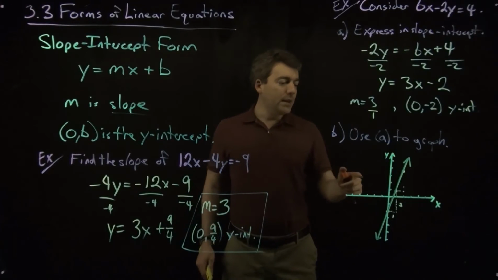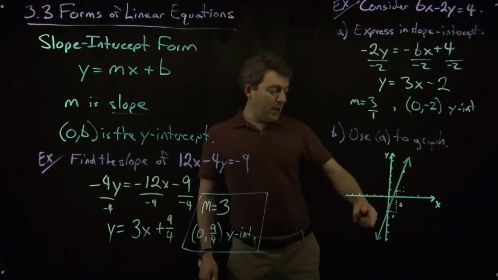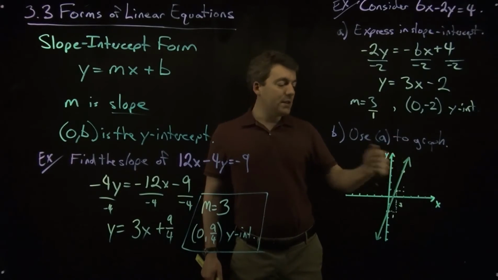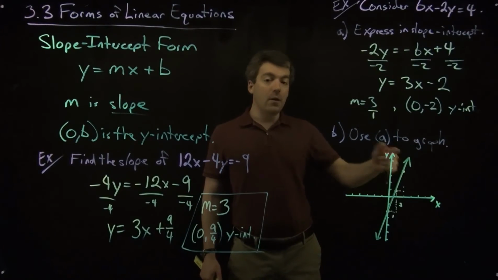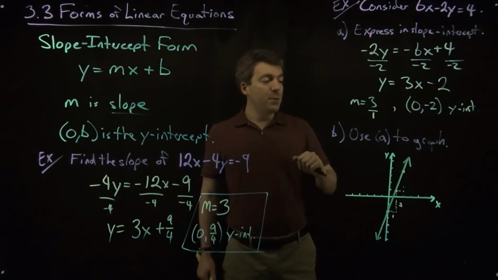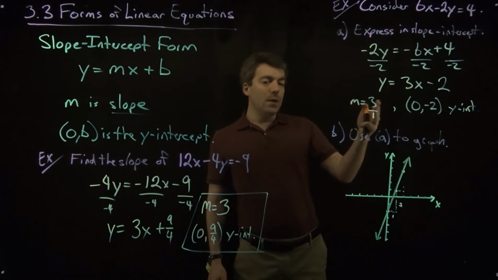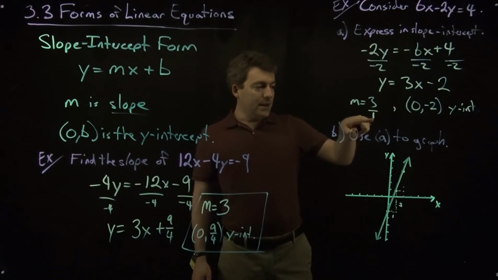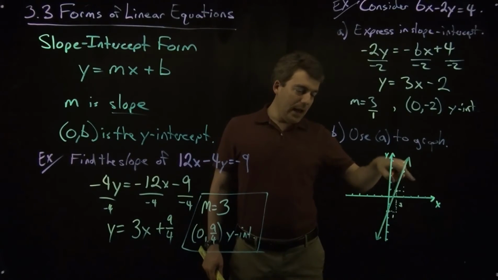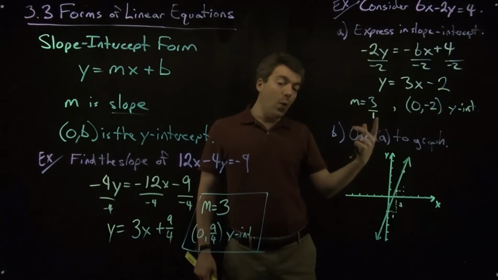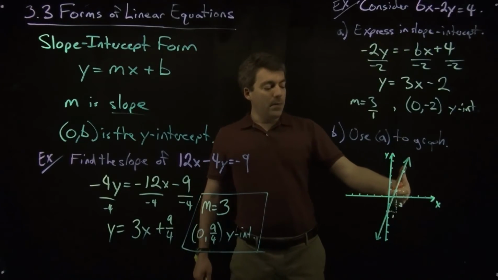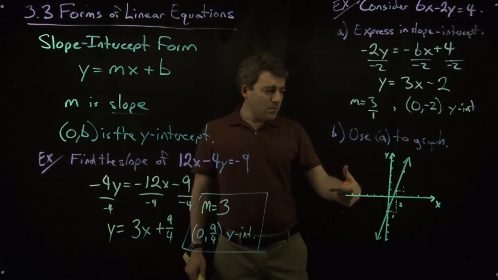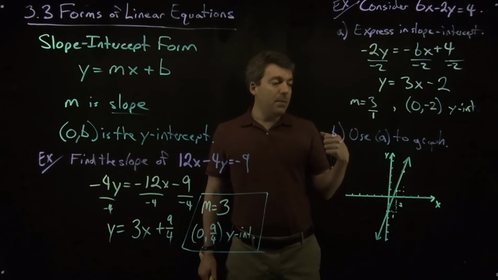Given a point and the slope, you can always plot additional points that are on the line. If the slope is negative, you would either take your x value and go that many units in x and then down in y, or you could go in the negative direction and then go up.